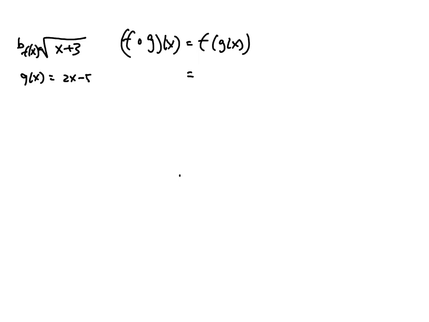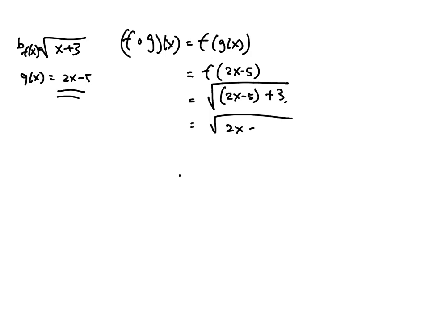This is just how it works, and it's a lot more foolproof this way, so I don't screw up. So I replace g of x with 2x minus 5. And then now worry about the f function. The f is the square root of x plus 3, so this becomes square root of 2x minus 5 plus 3, which is square root of 2x minus 2.